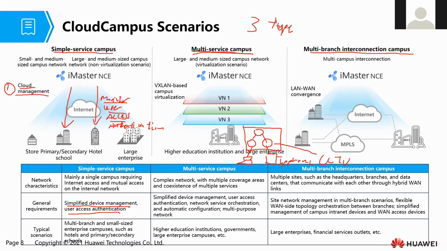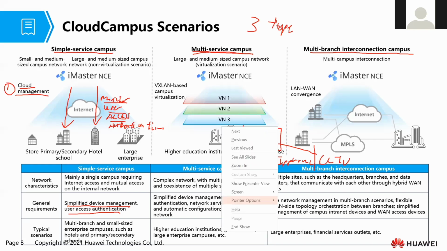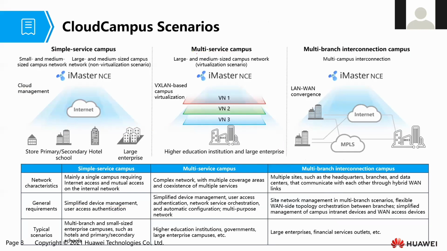The customer wants all these services to be isolated from each other. So in this case, we have the multi-service campus. To achieve this, we have our second solution, which is the VXLAN-based campus virtualization solution.